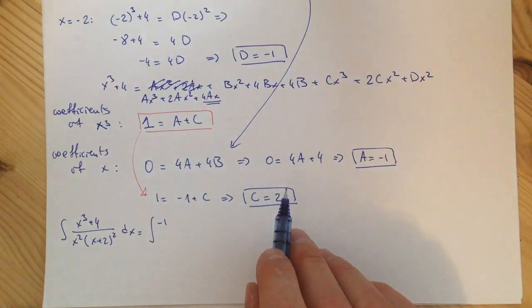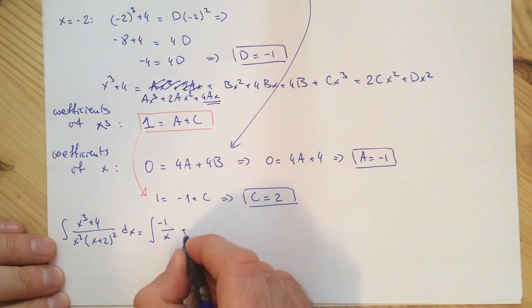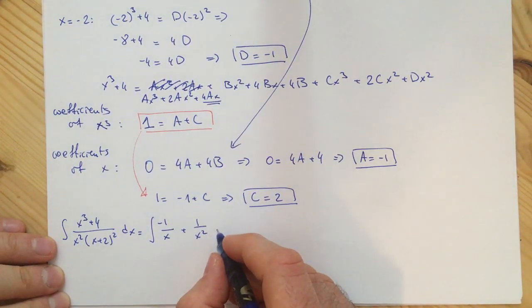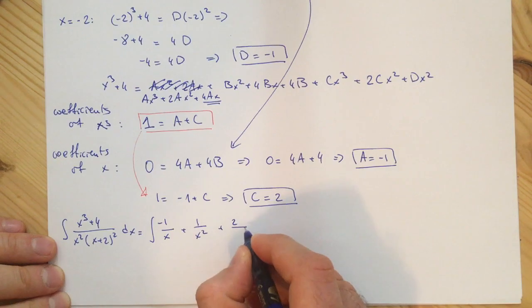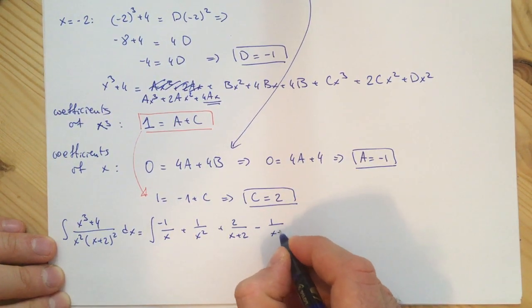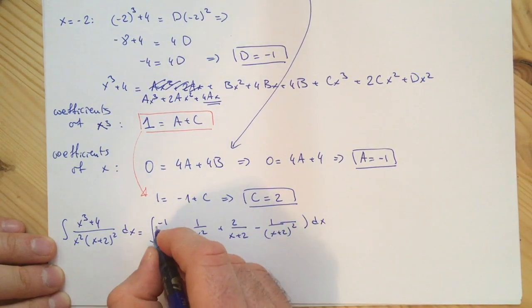Okay, and I found them here. That's -1 over x plus 1 over x squared for b plus 2 over (x plus 2) minus 1 over (x plus 2) squared dx.